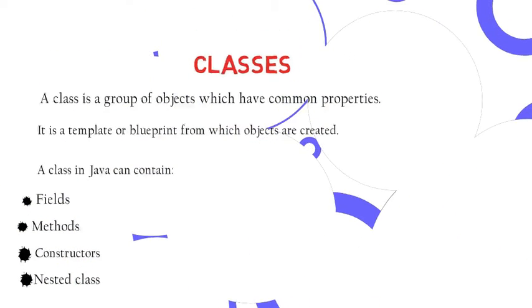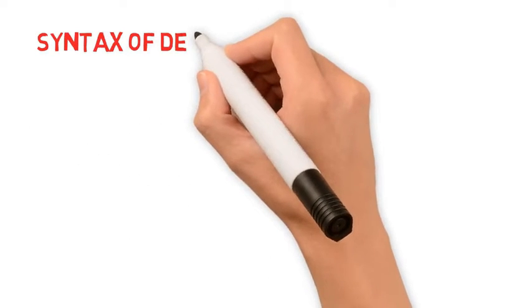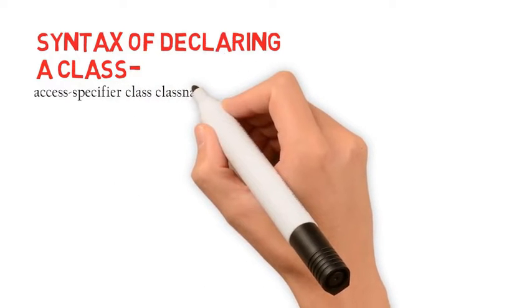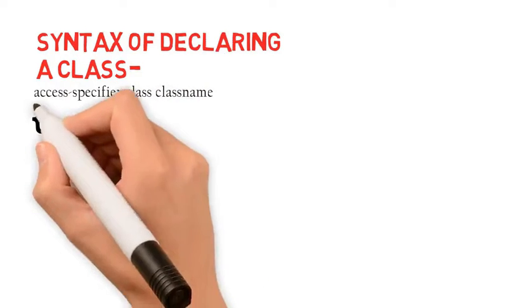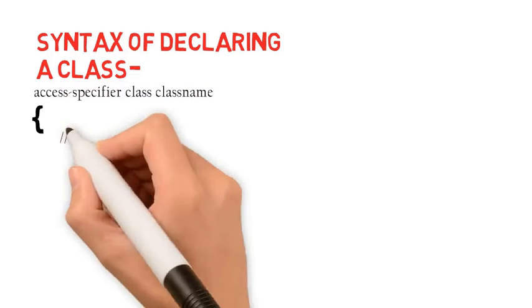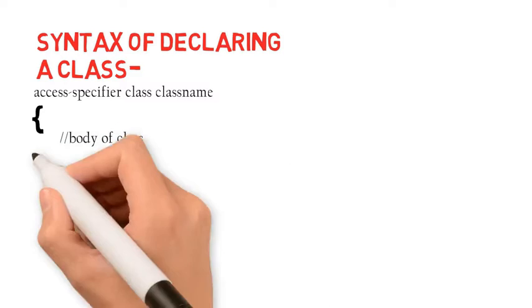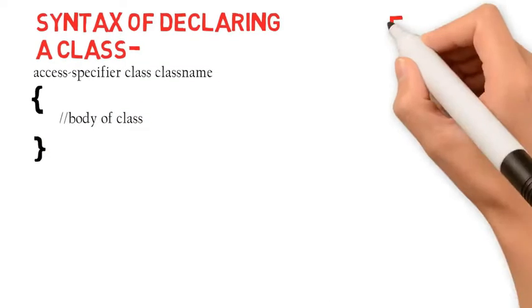One by one we will see how objects are created and how classes are created. Firstly, how a class is created. The syntax is access specifier, class keyword and then the name of the class, then open brace and then the body of the class.